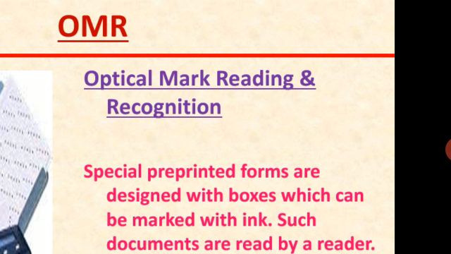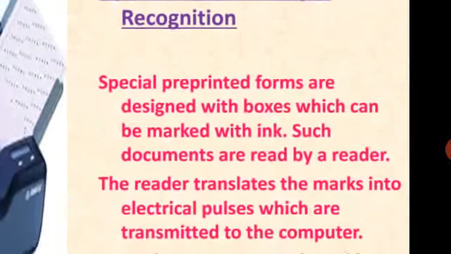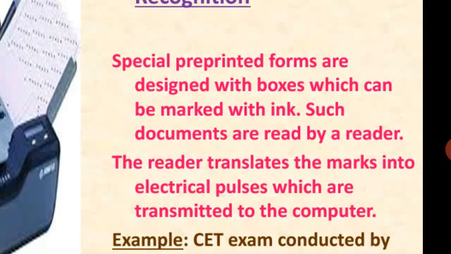They are pre-printed papers consisting of boxes. These boxes are marked with special ink, and such documents are read by a reader, a machine where you insert the paper so it can read the data.